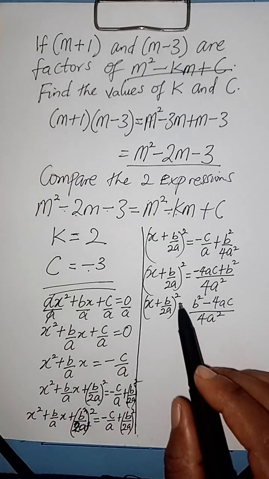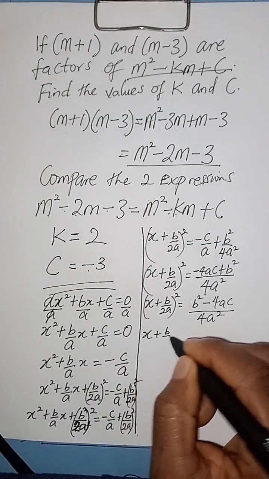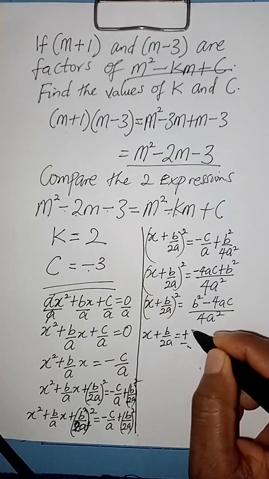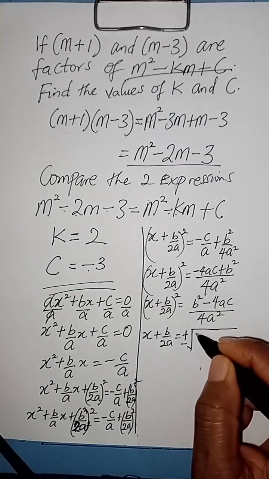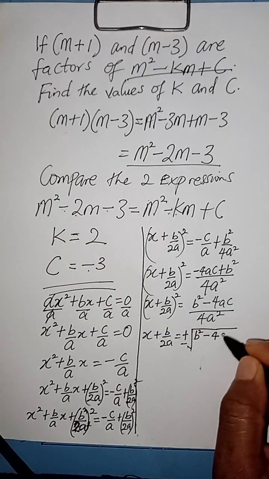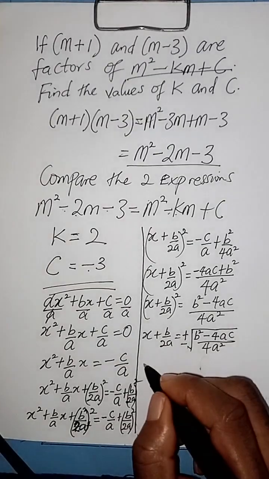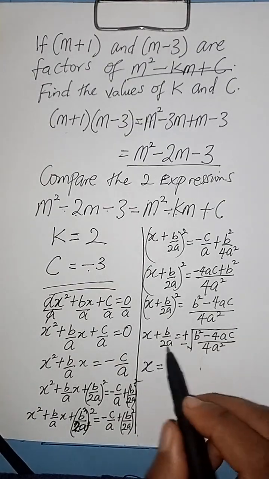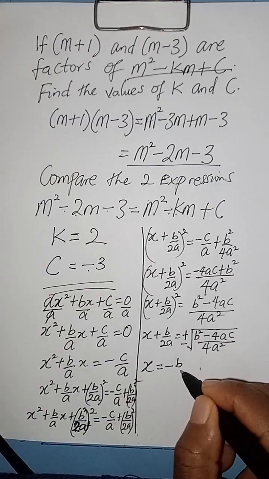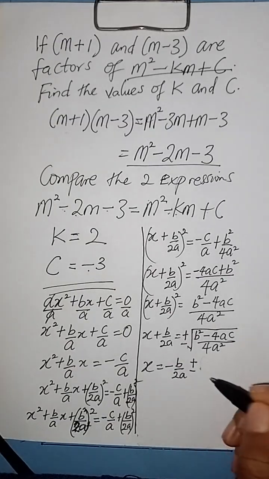So let's take away the square from here. It becomes x plus b over 2a equals plus or minus the square root of b squared minus 4ac over 4a squared. Good. So the formula is coming out now. At this point, you have to be careful. Now let's take this to the right-hand side. It becomes minus b over 2a plus or minus.